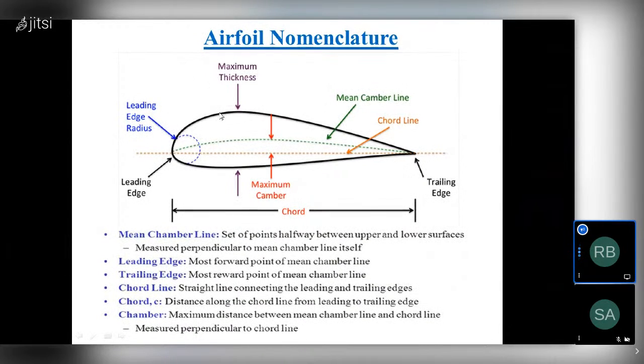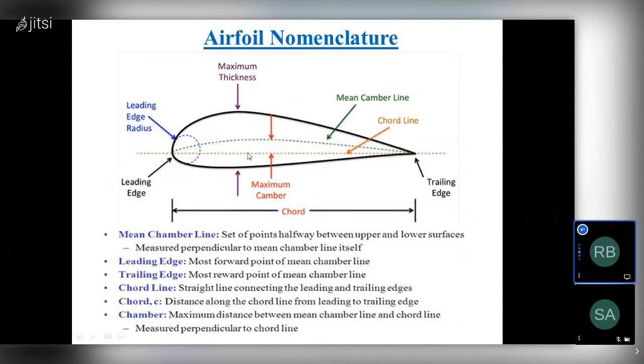So this is the gauge radius, and the maximum thickness from upper surface to lower surface. This aerofoil, we can easily tell by seeing it, is an asymmetrical aerofoil, because we have the maximum camber thickness.